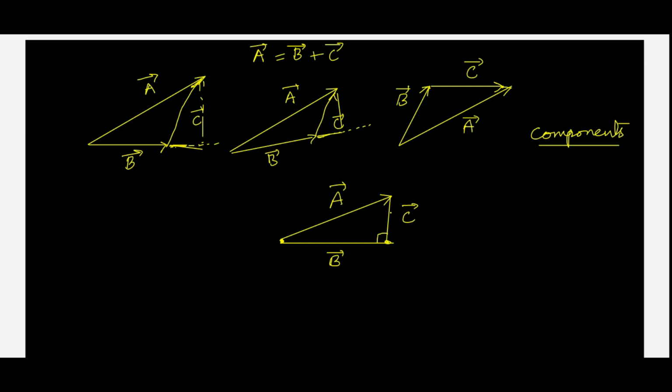So B and C are orthogonal and are independent. It is always ideal to resolve a force vector into orthogonal components, which is what we do when we are doing it along the x-axis and y-axis.